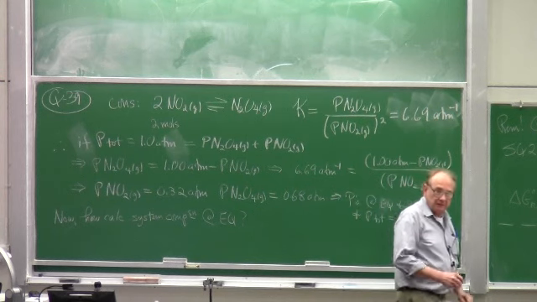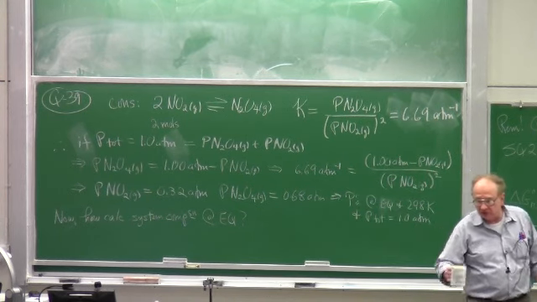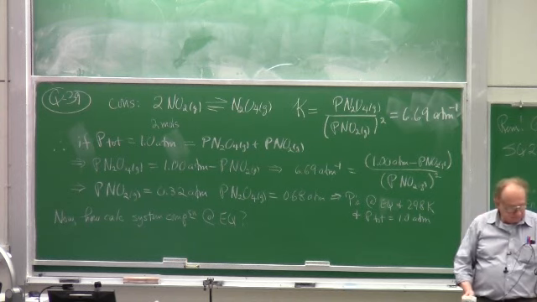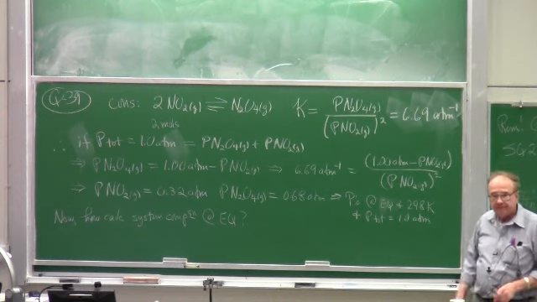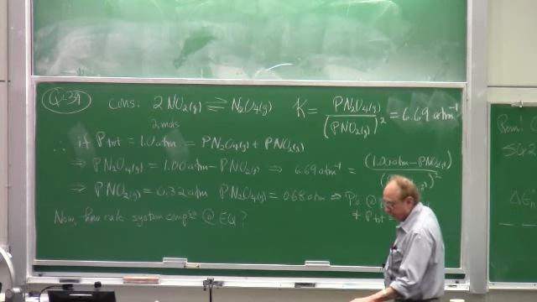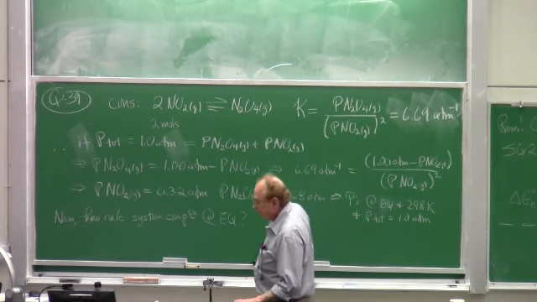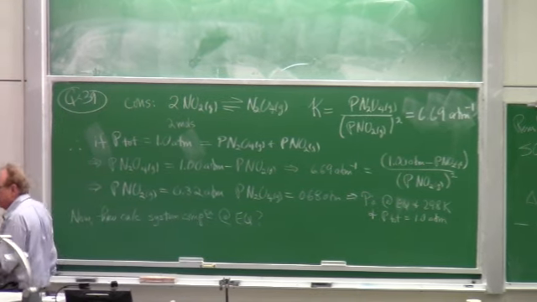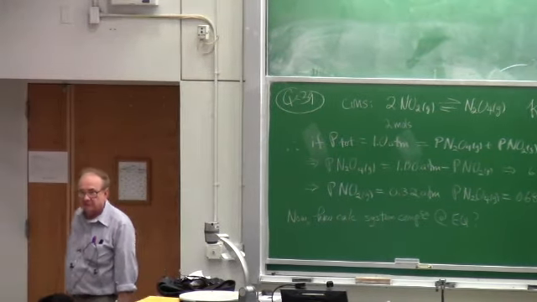Could we get at determination of system composition with PV equals nRT? Yes or no? We want to calculate system composition. We want moles.